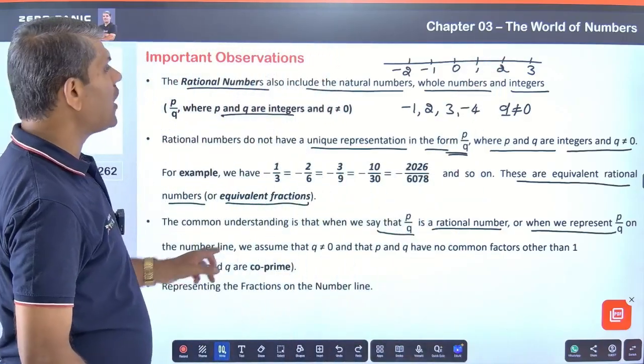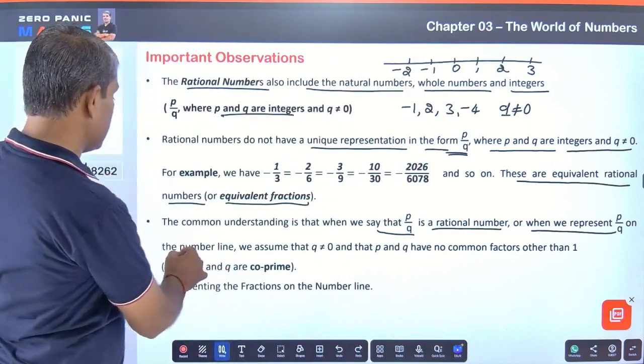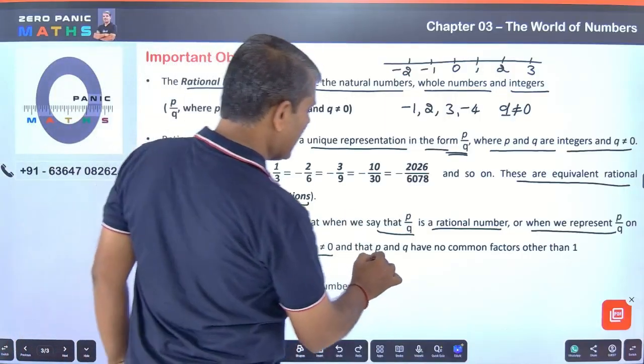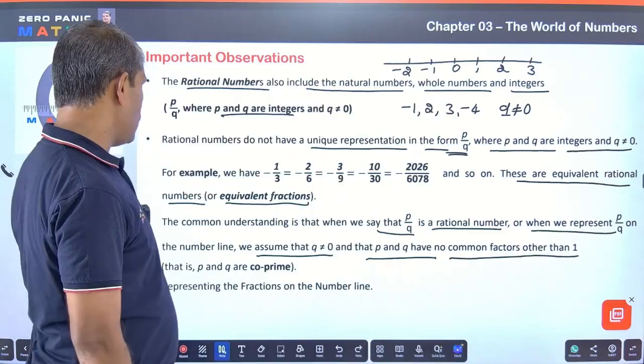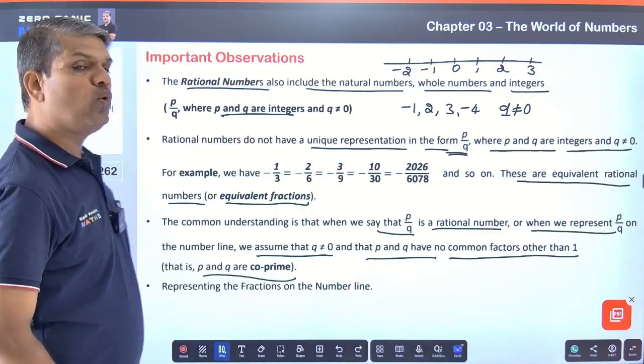So when you go for representing that fraction onto the number line, we assume that q is not equal to 0, of course, and then p and q have no common factors other than 1, that is, p and q are co-primes.